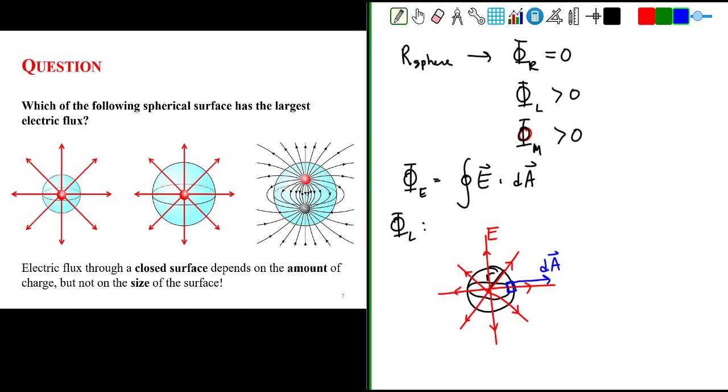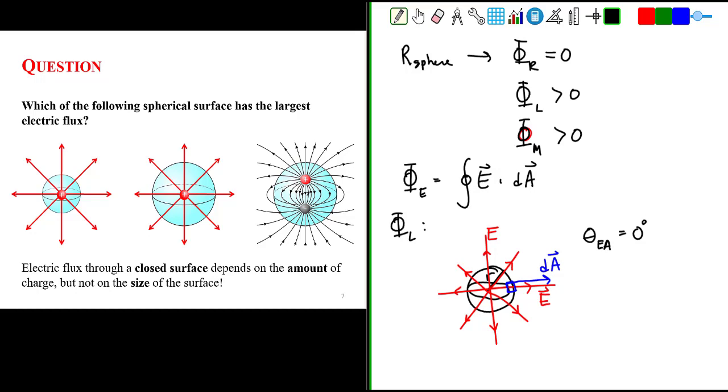And we need to look at the relationship between that differential of area and our electric field. Notice that the angle between those two, which I'm going to signify as theta EA, is 0 degrees.